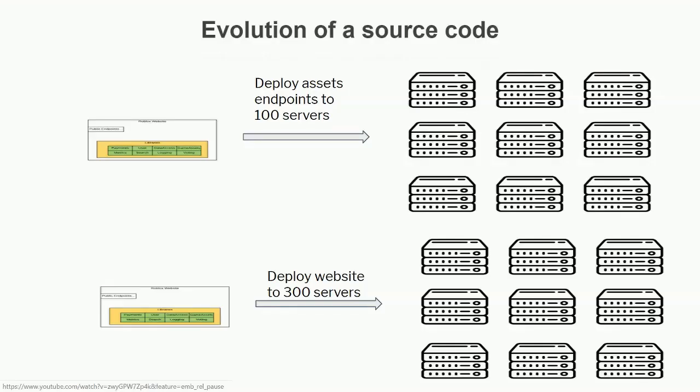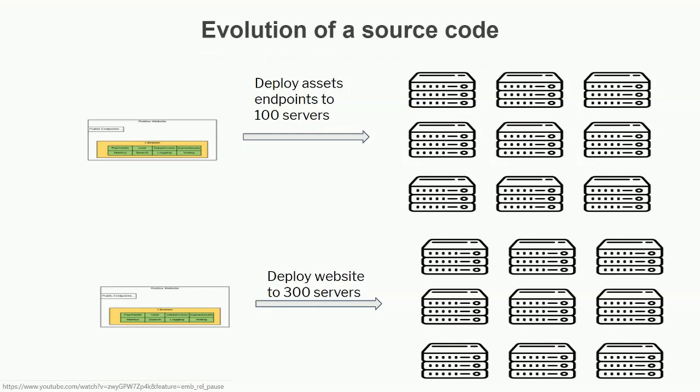You realize that some endpoints are getting 100,000 requests per second, and some are only getting 10 requests per second. So what we decided at that point is the easiest thing we can do: we split the whole website into a website and something else, and that something else we can deploy to 300 servers, and we deploy the original website to 100 servers.